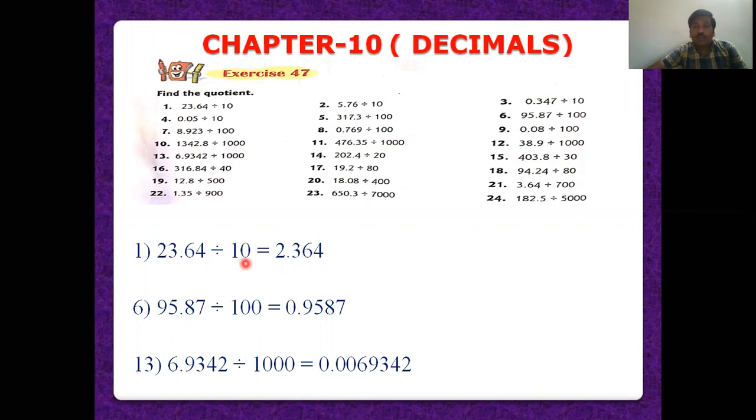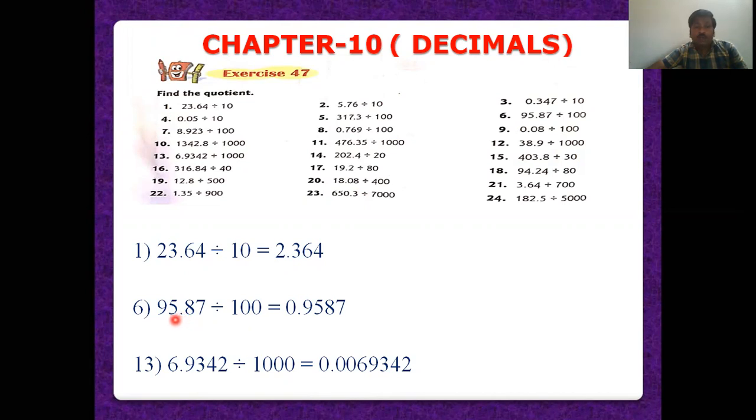The difference between these two questions is that here the divisor is 10, and here the divisor is 100. Once again, count the number of zeros after the 1. Here there are 2 zeros. Then we will move this decimal point towards the left side after 2 digits.